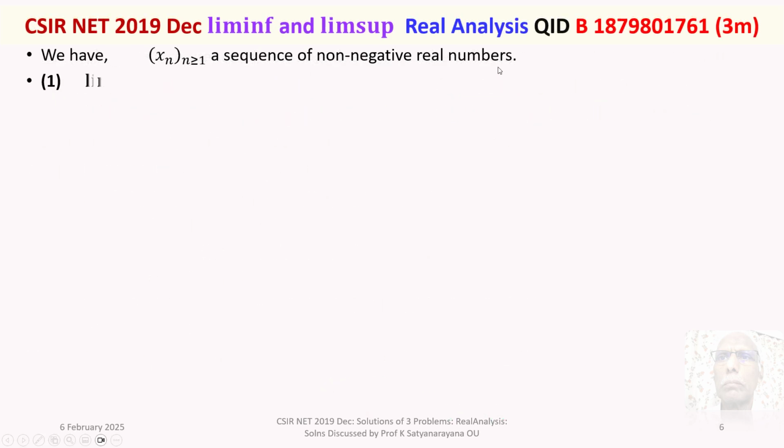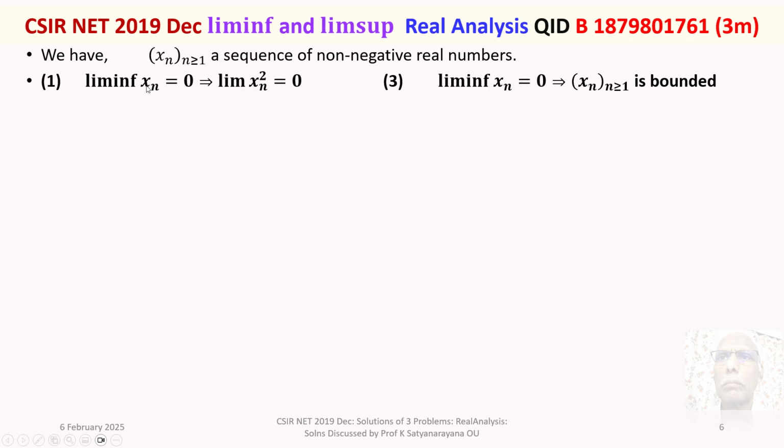We move to disprove the other options. Option 1, limit inferior of Xn is 0 implies limit of Xn square is equal to 0. Option 3, limit inferior of Xn is equal to 0 implies the sequence Xn is bounded. We give a counter example.